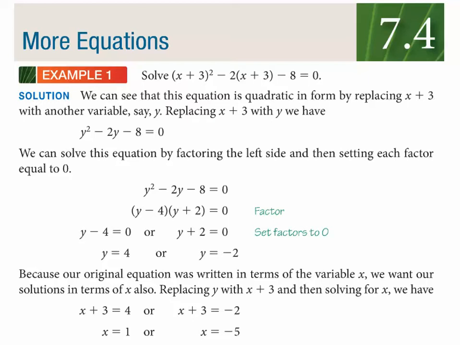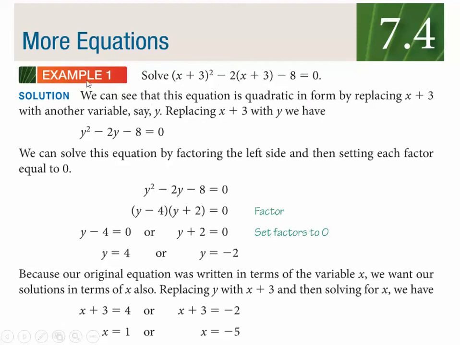Most algebra textbooks call this section quadratic in form. They are not quite quadratic equations, but they're in the form of a quadratic equation. So let's take a look at number 1, and then we'll take a look at each of the pieces here. There's 3 problems, 1 of each type, so we're probably just going to see 1 of each type here.